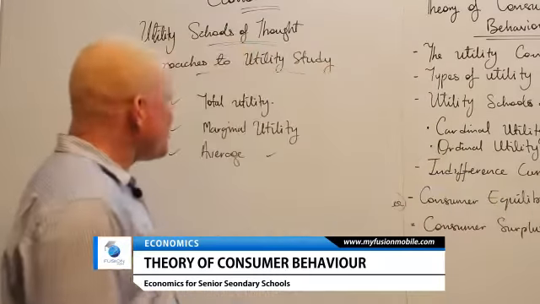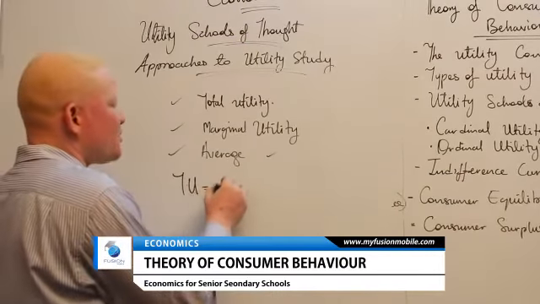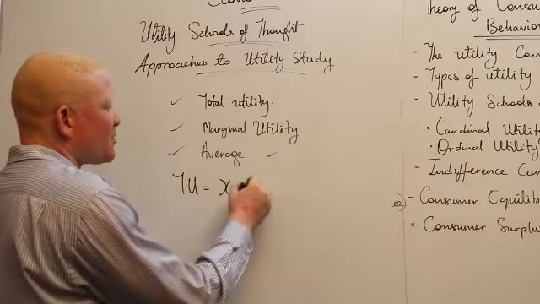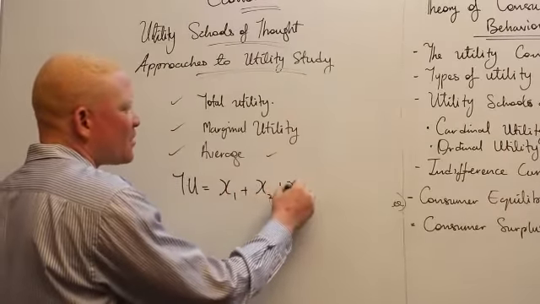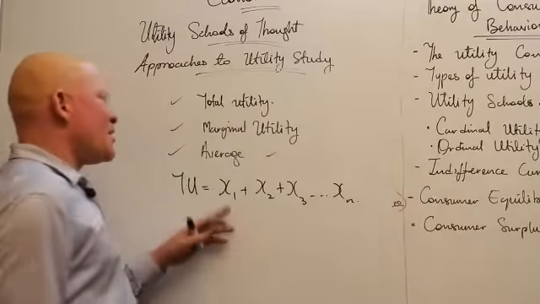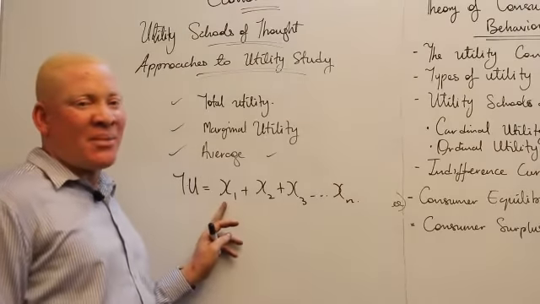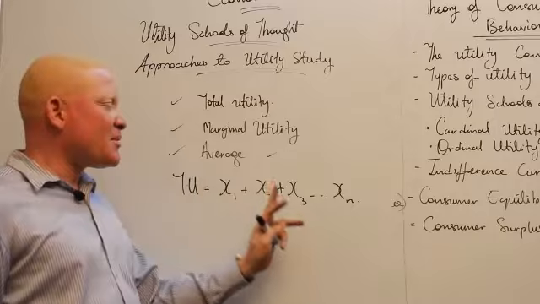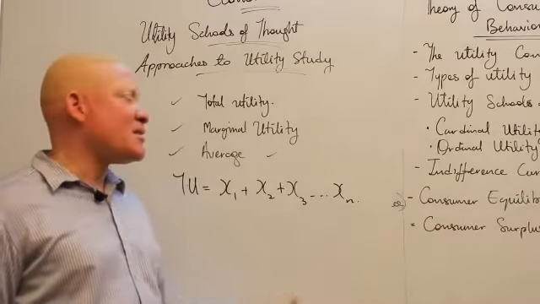That means total utility TU equals satisfaction from product X1 plus product X2 plus product X3 up to any number of products. X here represents the satisfaction, the utils I derive for each product I consume, this plus this plus this, up to the quantity that is involved.